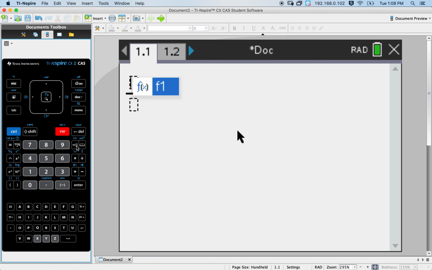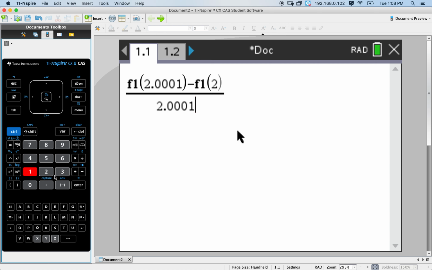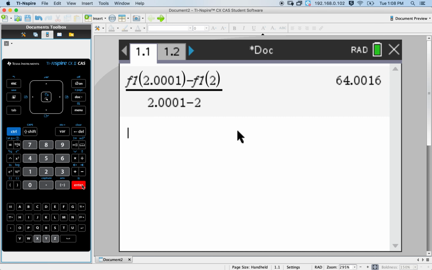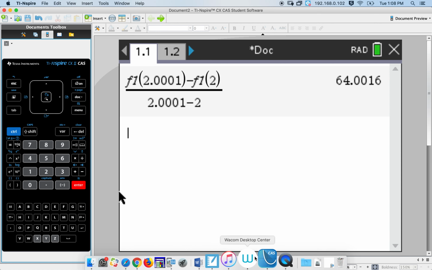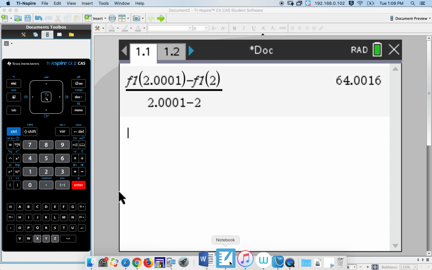So I'm going to do vars F1, and I want to evaluate that at 2.0001, and I'm going to subtract that from vars F1 at 2 divided by 2.0001, subtract 2. Okay, so that's how to evaluate those with the 84 and then with the Inspire. And we'll just keep working on our calculator skills throughout the whole course of the year.